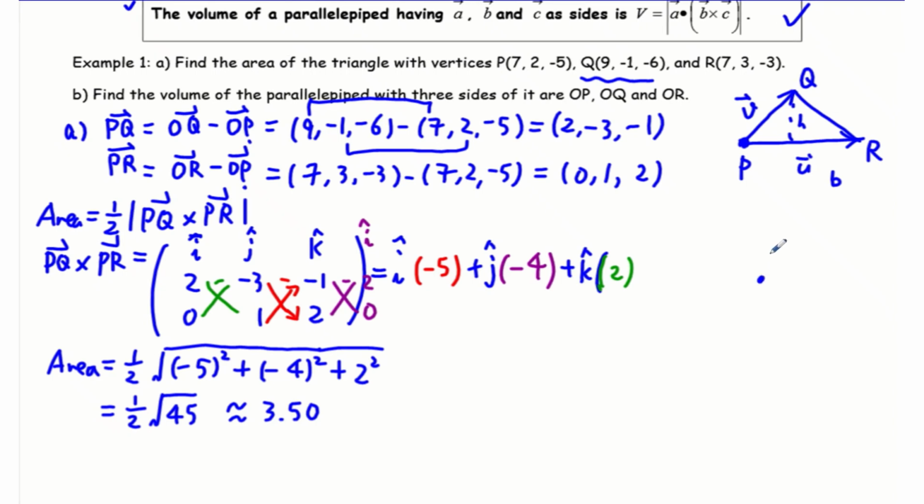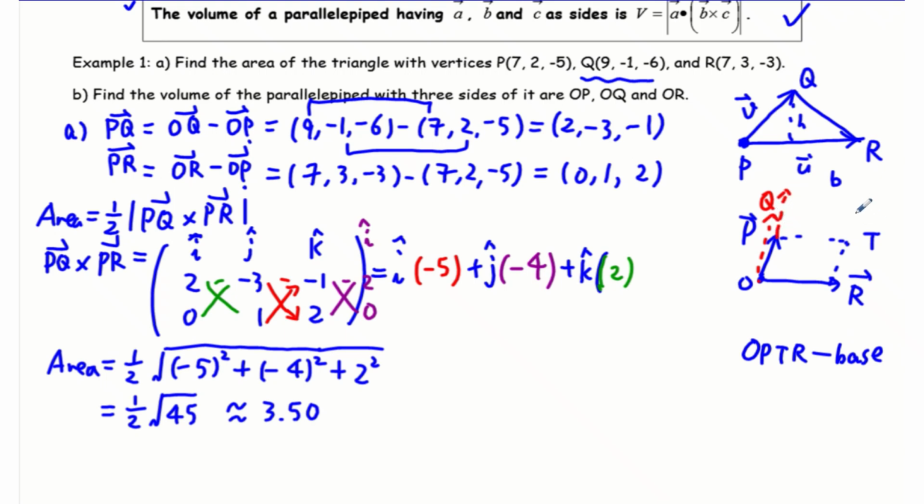So what it means is we have OP, we have OR, then we have another one that is vertical, OQ. So on the base we have OP and OR, then vertically we go up, OQ.